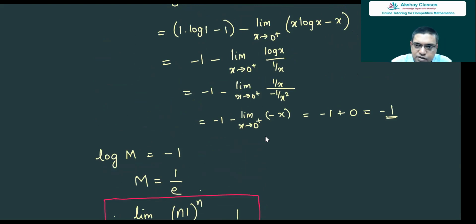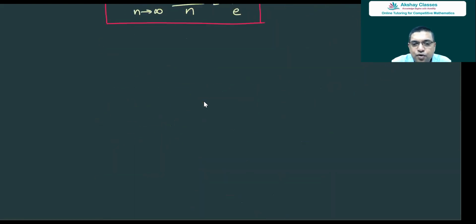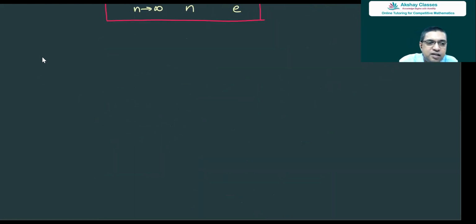Now I wanted to tell a small trick of how I can say what is the value of the integral from 0 to 1 of log x. For that trick, we need to know the graphs of e power x and log x. These are inverse of each other.